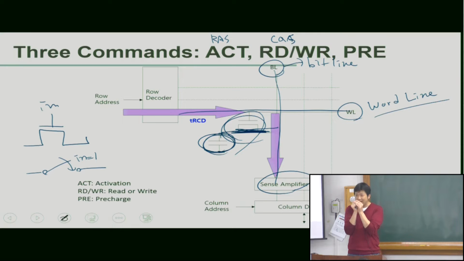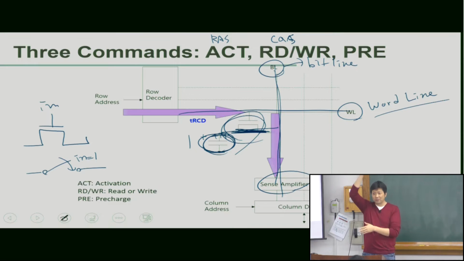Okay? And this one is called a sense amplifier because this cell is really tiny. This is a really tiny capacitor, a very small battery, right? Now the bit line has a lot bigger capacitance. So even if you connect these two lines, let's say this one is value 1, then this one will be completely discharged into the large bit line, so it will change the voltage of this bit line by a very small amount.